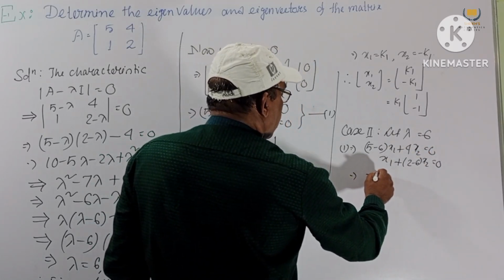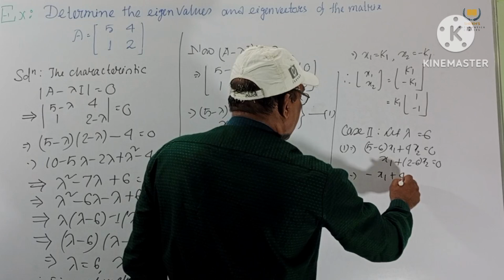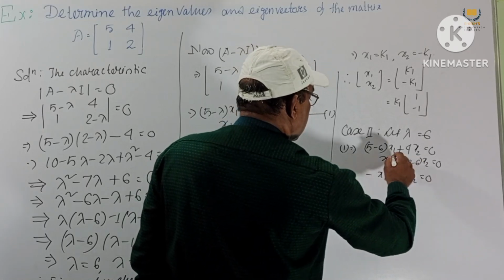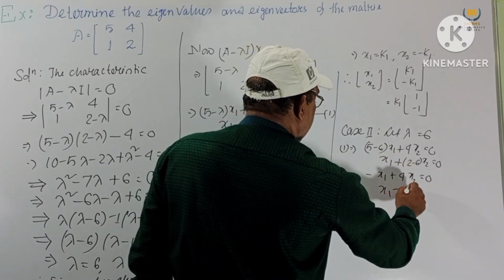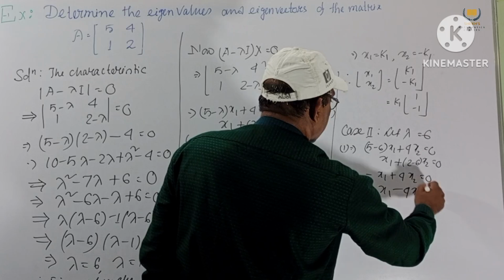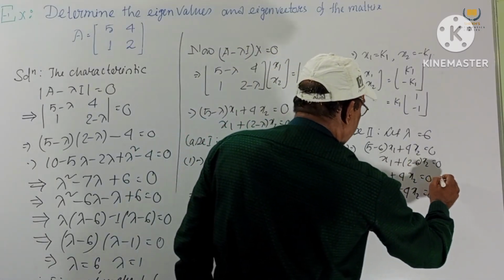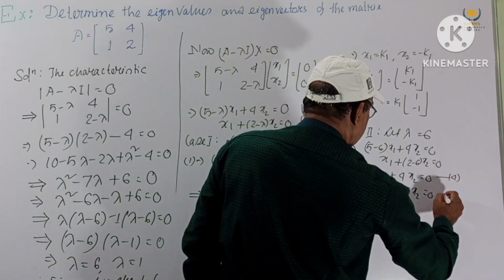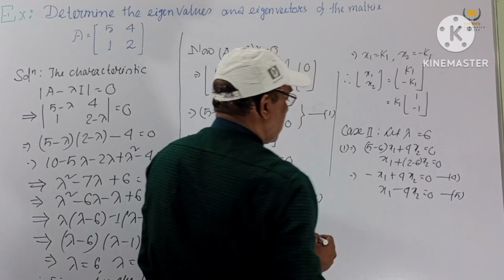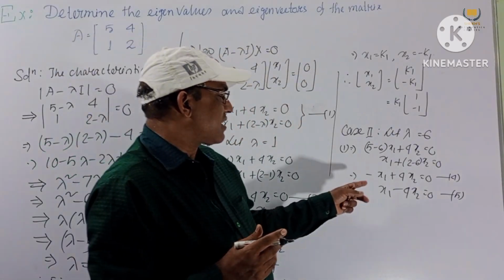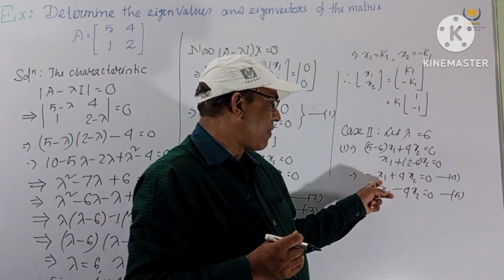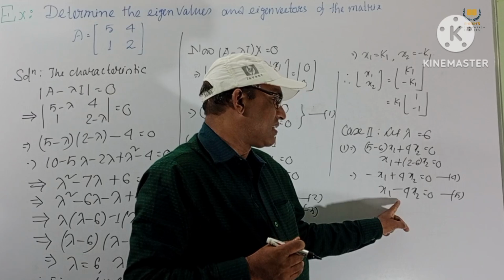So this will be minus x1 plus 4x2 equal to 0, and x1 minus 4x2 equal to 0. This is number 4, this is number 5, but both the equations are the same. If we multiply by minus 1, we get this equation.